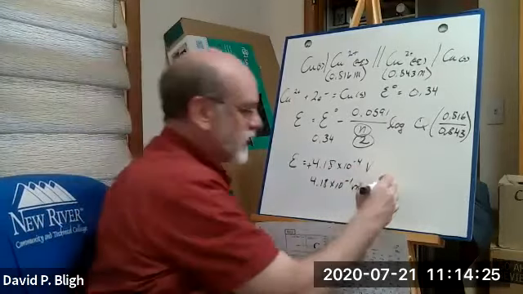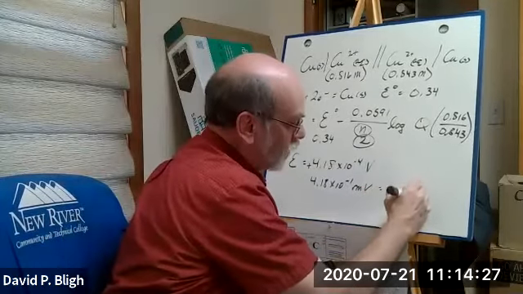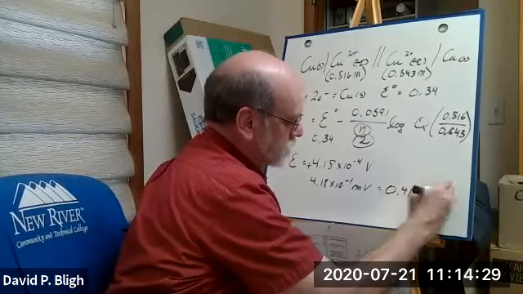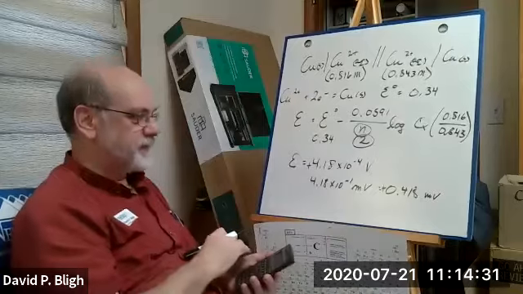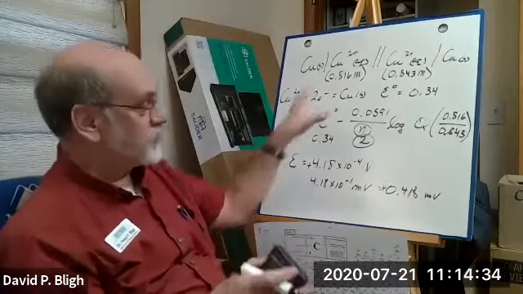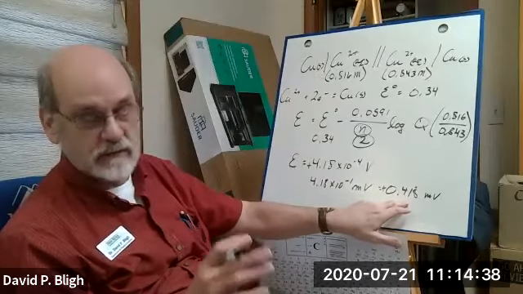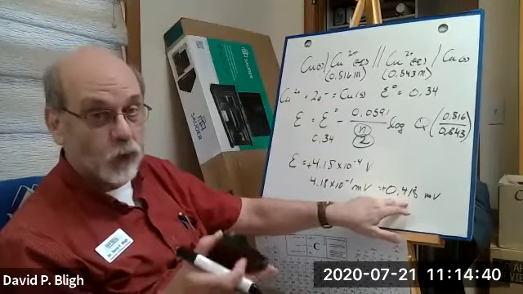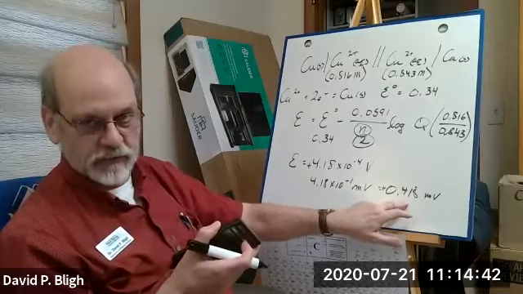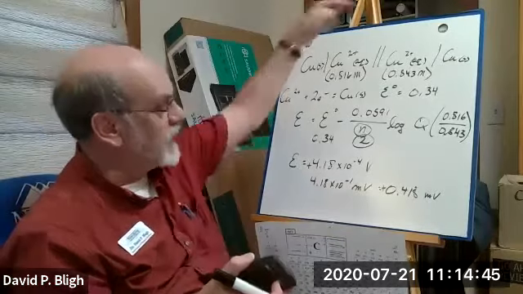Or in standard notation would be 0.418 millivolts. Okay? Plus value, which means, as written, the cell will produce a charge, an electromotive force of 0.18 millivolts in that direction.